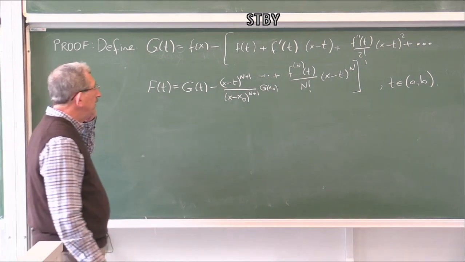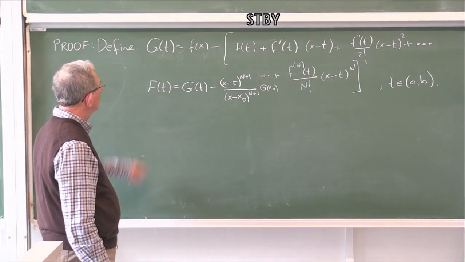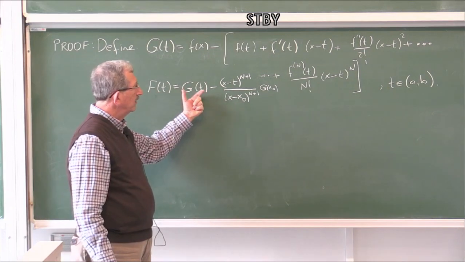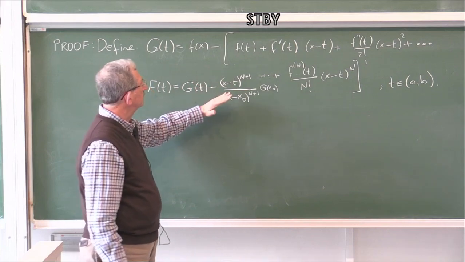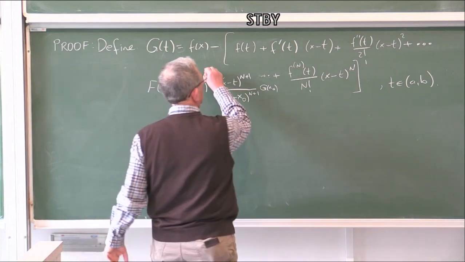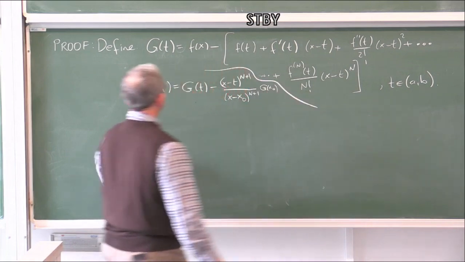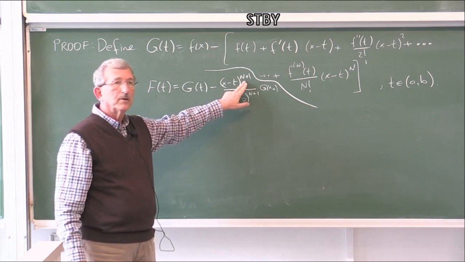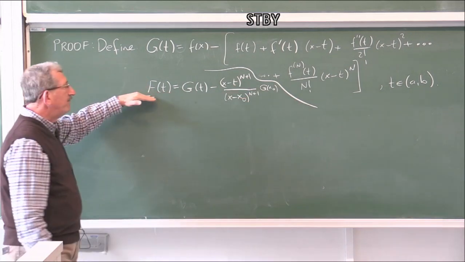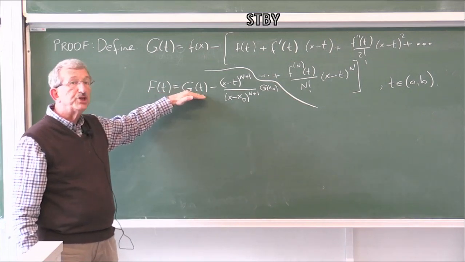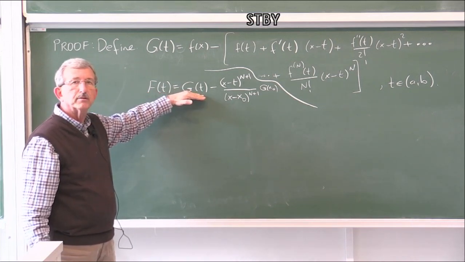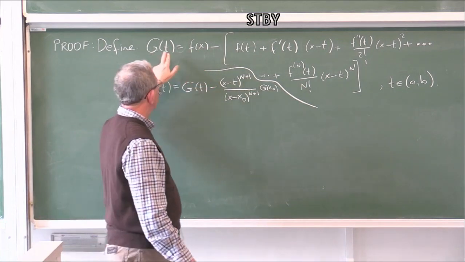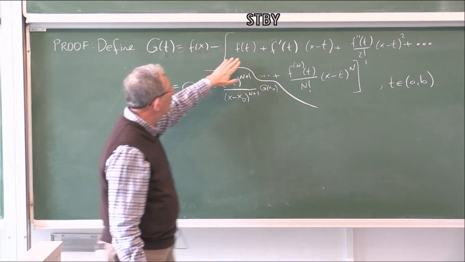When we look at these functions, we see that function f is actually g of t plus a polynomial of degree n plus 1. So differentiability of f depends on differentiability of g. Now g is differentiable. Why is it differentiable? Because in g, t is the variable, so this is a constant.